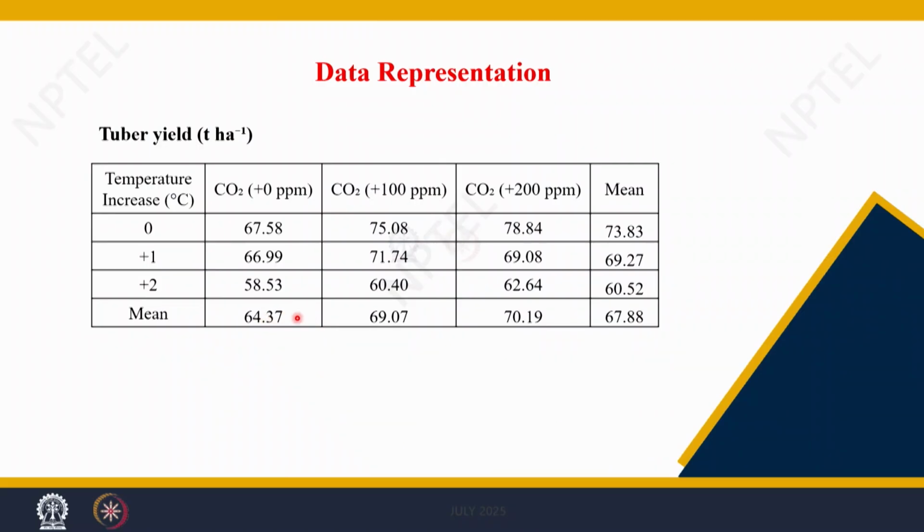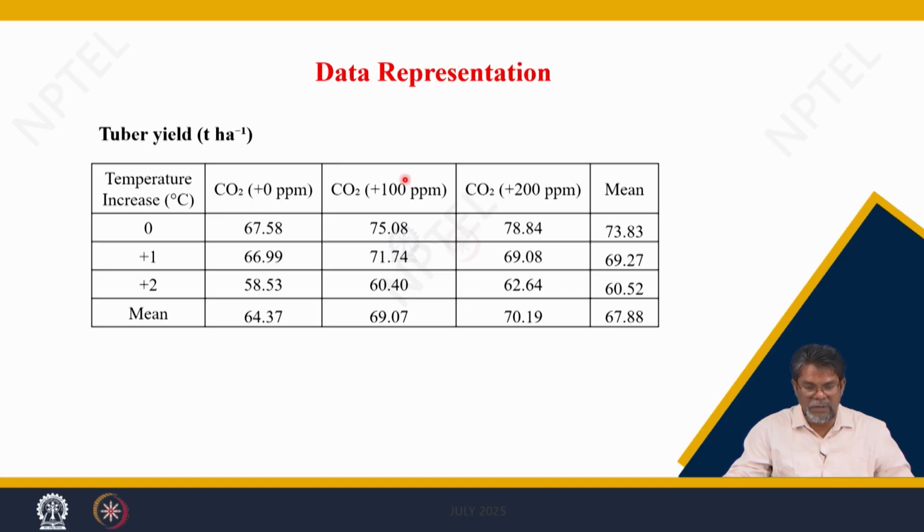You see how the yield changes. As we have shown, you can see how the yield changes from carbon dioxide 0 ppm, 100 ppm, 200 ppm. This is the mean yield 64.37, 69.07, 70.19. With increasing CO2 levels, the main effect of CO2, what is the percentage change in the tuber yield, that you can calculate.